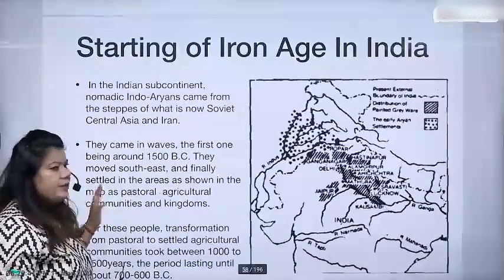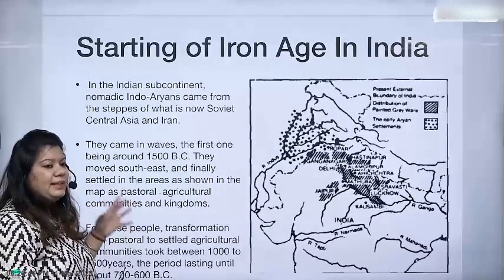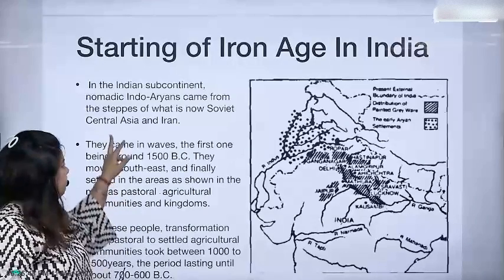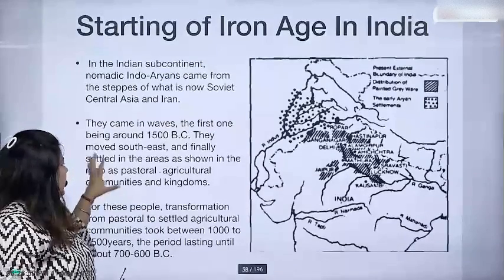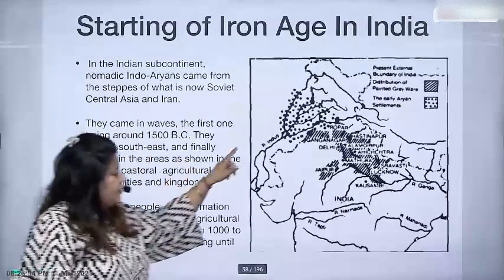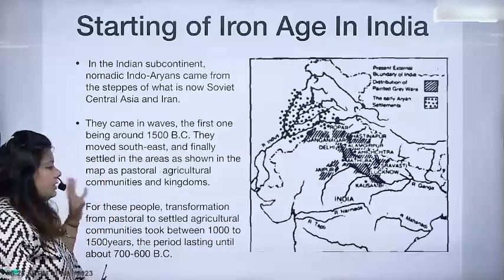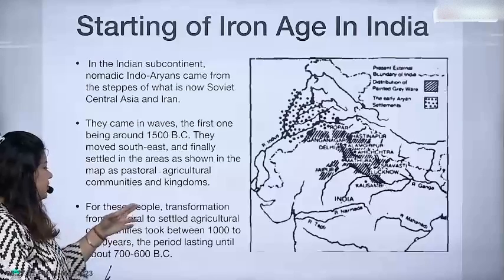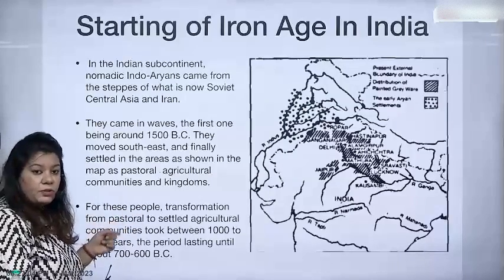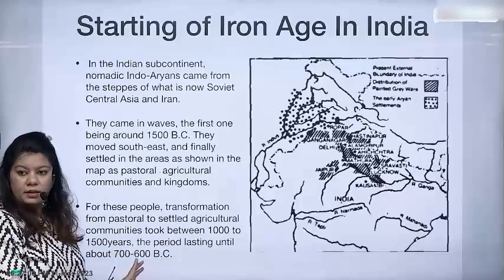So Indo-Aryans came in waves, everyone knows, and Indo-Aryans mainly came from the Central Asian region and Iran, right? So they finally settled in the Indo-Gangetic plains, right? So the presence of these people signifies transformation from pastoral to agricultural settled communities, right?